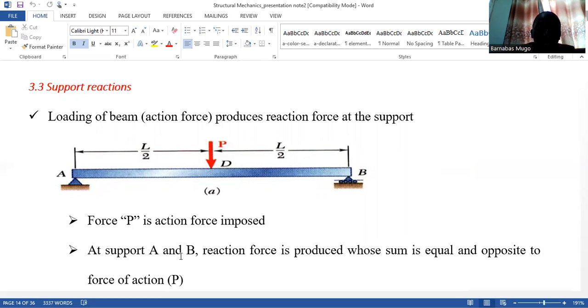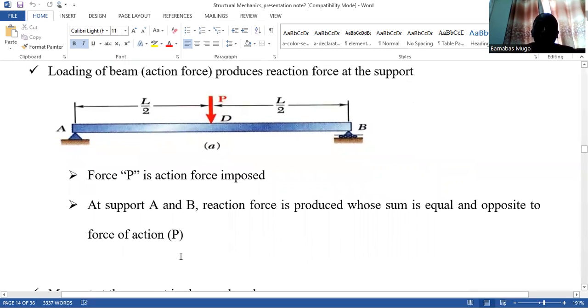So force P is the action force that is being imposed. Then at A and B, the reaction force is produced whose sum is equal and opposite to the action force. So we have support A and support B. They are going to produce the reaction force when we have the action force of P.